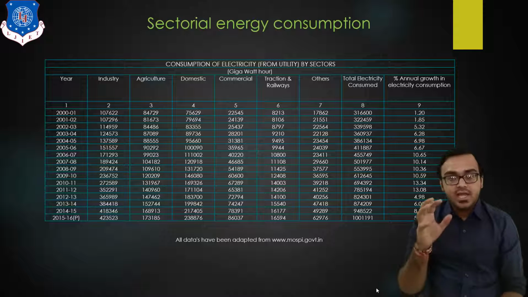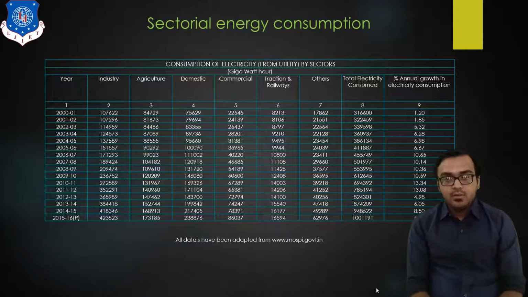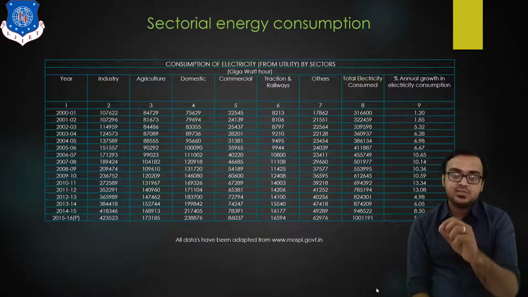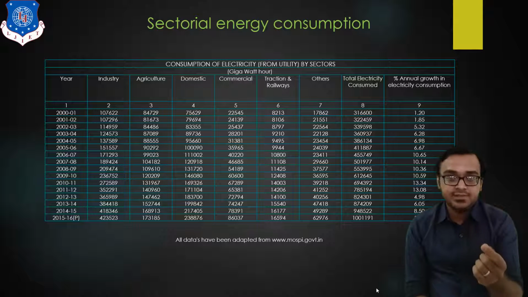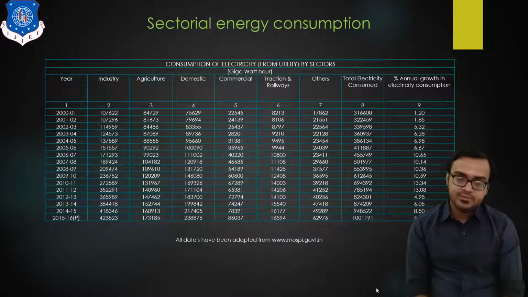Likewise, we need to keep all the data with us, which provides us the guideline to manage energy as well as to produce new energy. So that is all about sectorial energy consumption.